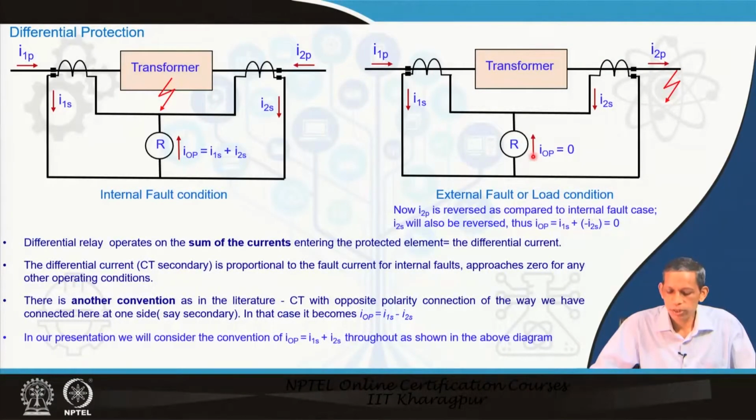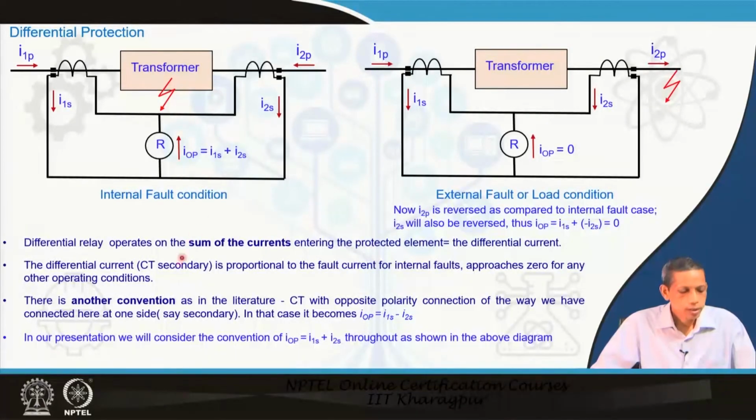Therefore, the differential current becomes equal to I 1 S minus I 2 S, and if I 1 S and I 2 S are the same, assuming the correct CT ratios are available, then this current will ideally be 0. So, this is the philosophy being used for the transformer differential current.